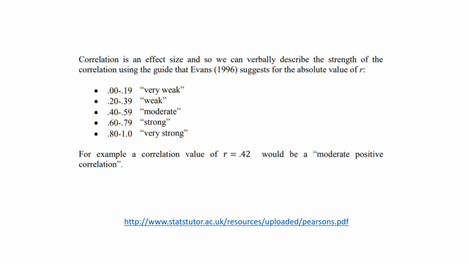What we decide is a strong or weak relationship, there are some guidelines for this. These are very easy to Google, so if you forget, it's quite easy to find these. They're relatively well standardized, and so an R value here of 0 to less than 0.2 is described as a very weak relationship.